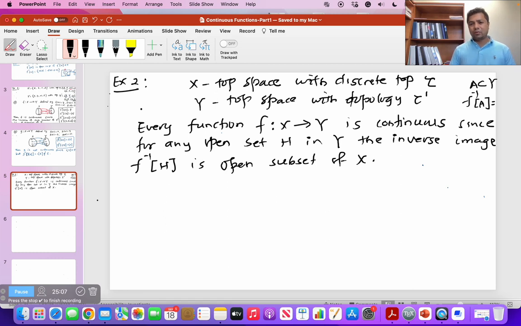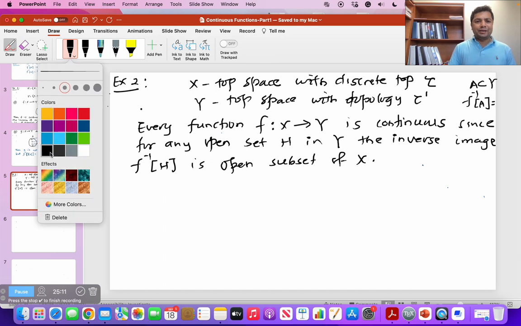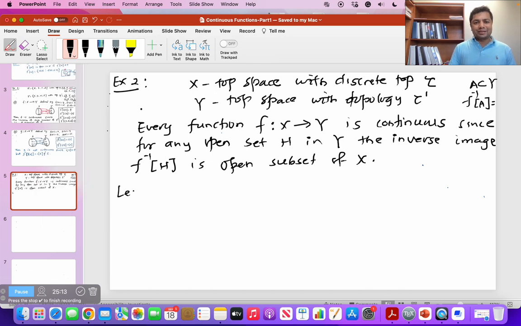For that, I'm going to give a lemma. This lemma describes a continuous function using a basis instead of open sets. Let's say we have X and Y, which are still topological spaces.